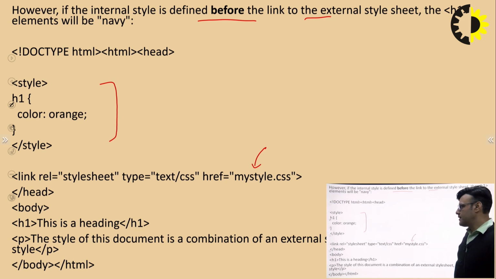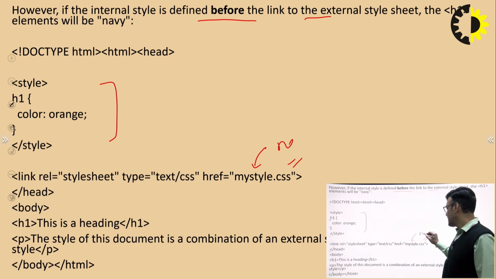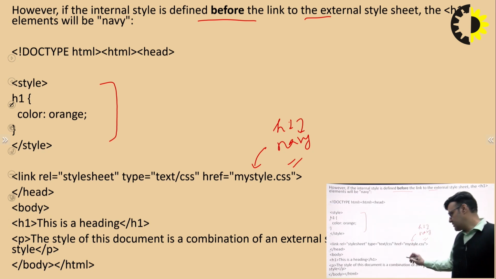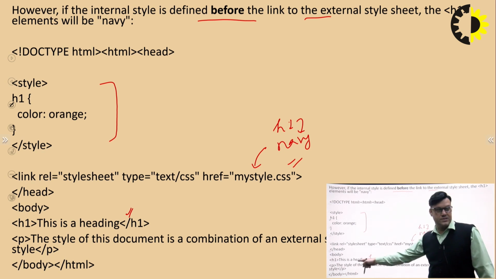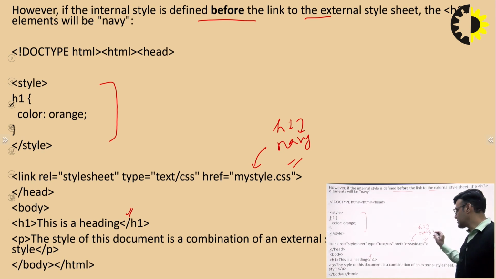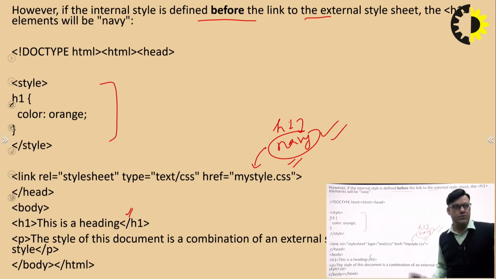Now what will happen? In this external CSS, I have set the color of the H1 heading as navy. So the color of this heading will be navy. So you have to keep this in mind.